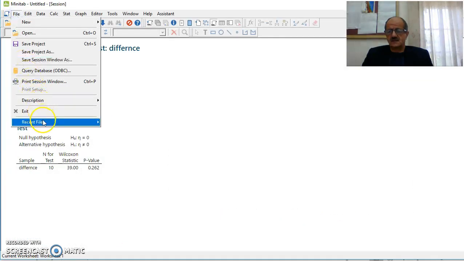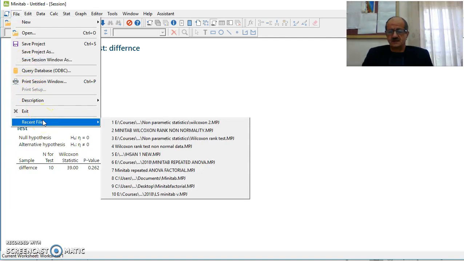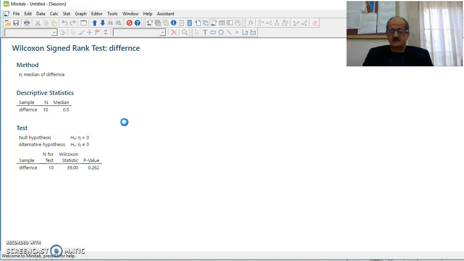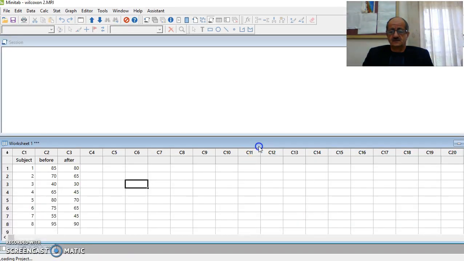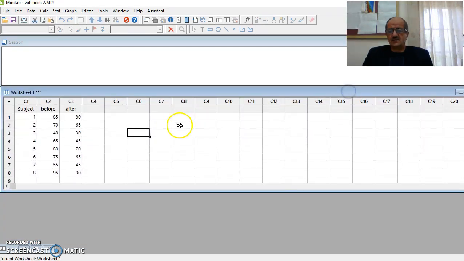So, another example. Here's the data on a new diet for losing weight for people that were subjected to it for a certain period of time.